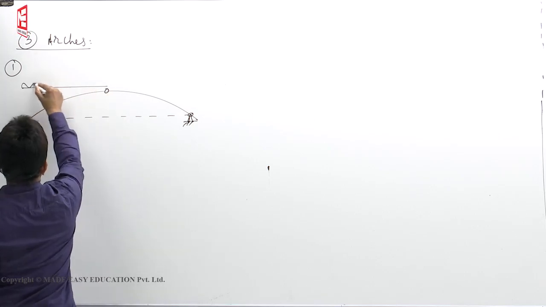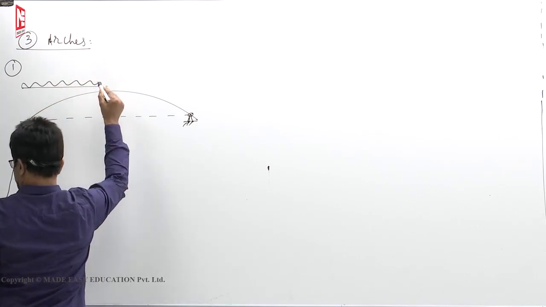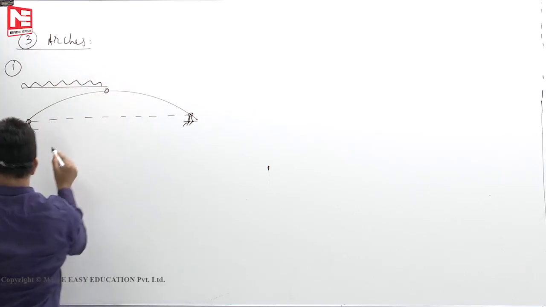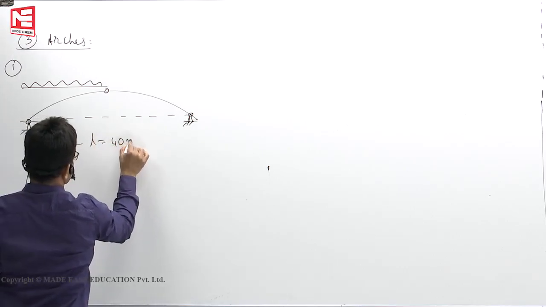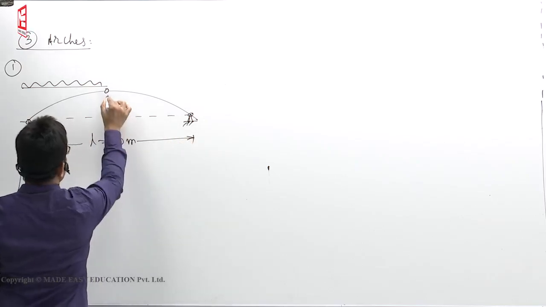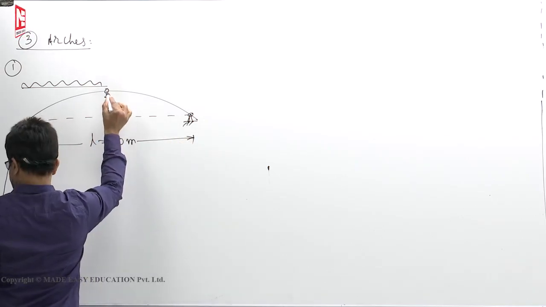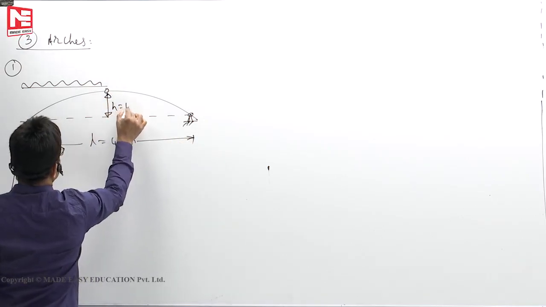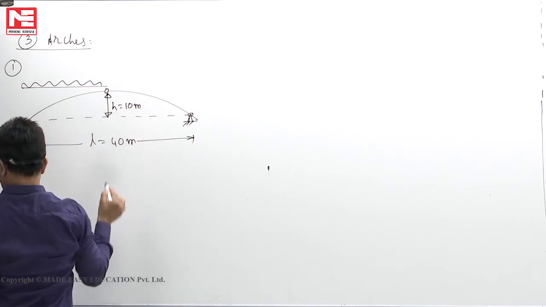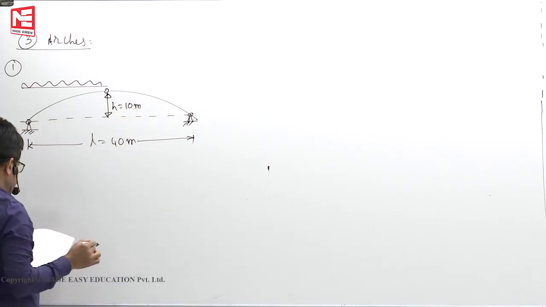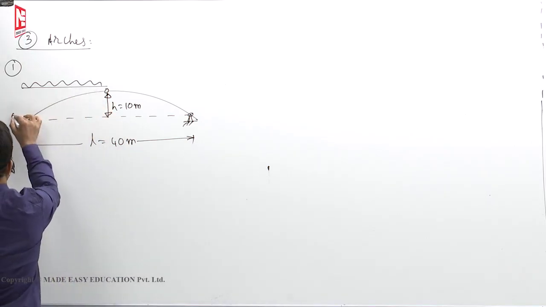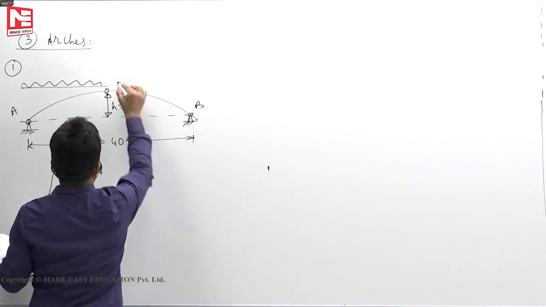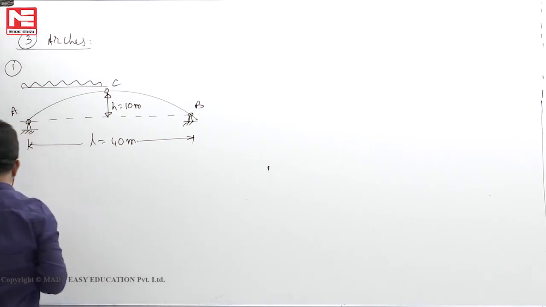subjected to left half means like this. Left half of the parabolic arch of span 40 meters and central rise 10 meters. Which of the following statements relating to different functions at the loaded quarter point, that means AC point, are correct?